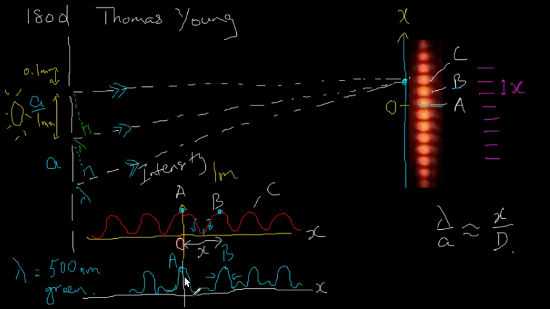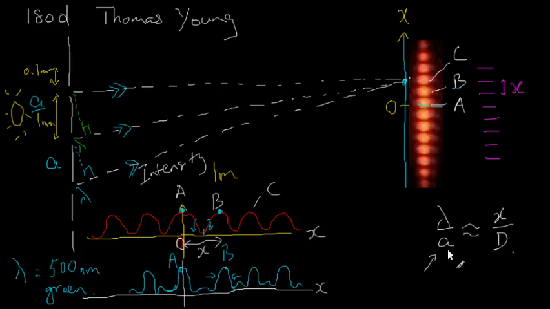Now, having understood this effect, that we can make the fringe a lot narrower just by adding more slits, let's continue to think about this a bit more and see if there are other ways to make it even more accurate. We can do things like, for example, reduce a. We can try to make a smaller.